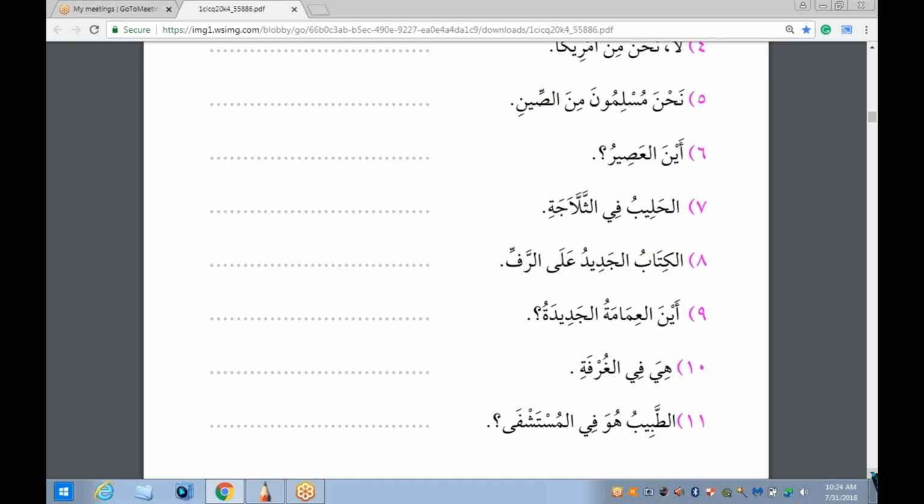Al-musta. Al-mustash. المستشفى. المستشفيات. المستشفى.